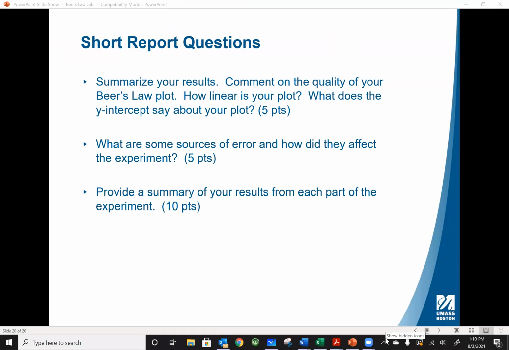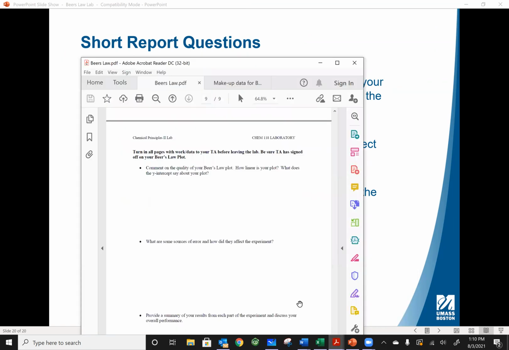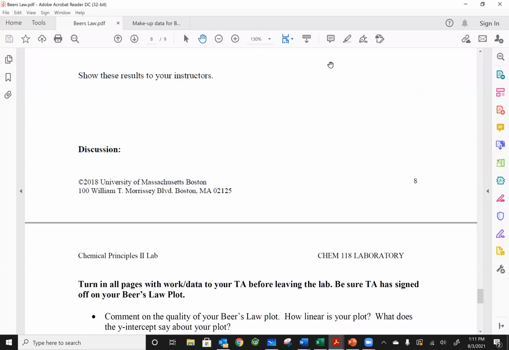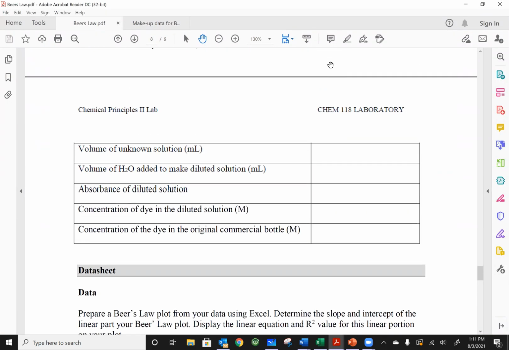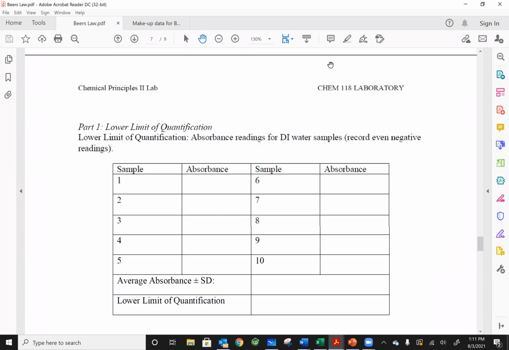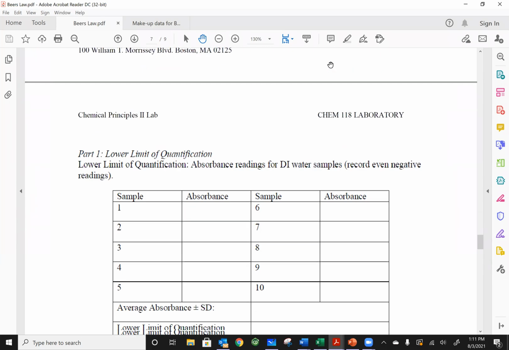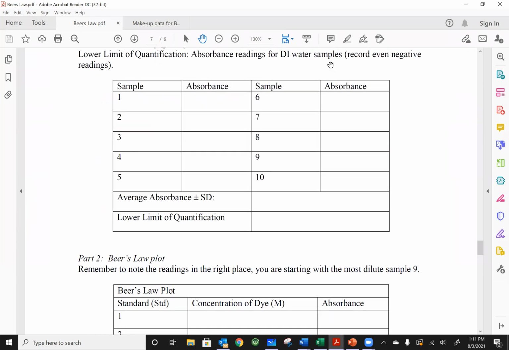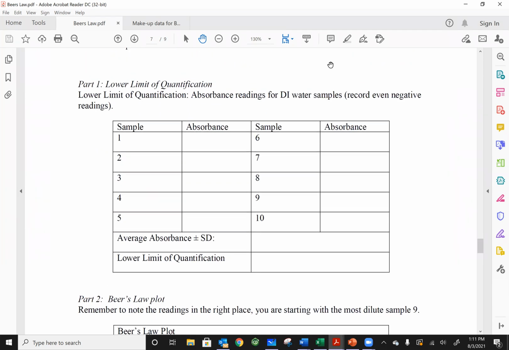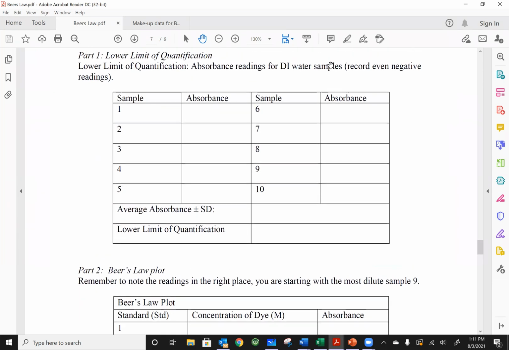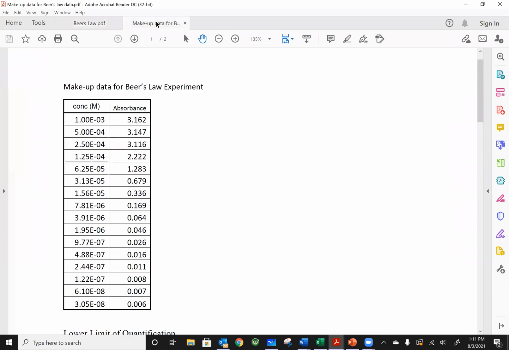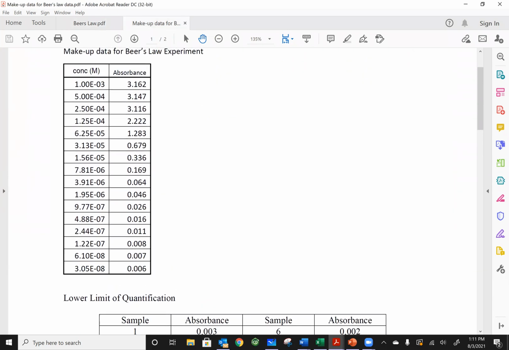Alrighty. So let's go through the Beer's Law stuff. All right, so what do we need to fill out? So we need to do the lower limit of quantification. So let's take a look at the makeup data.